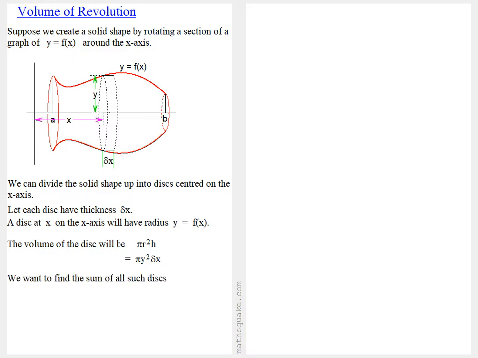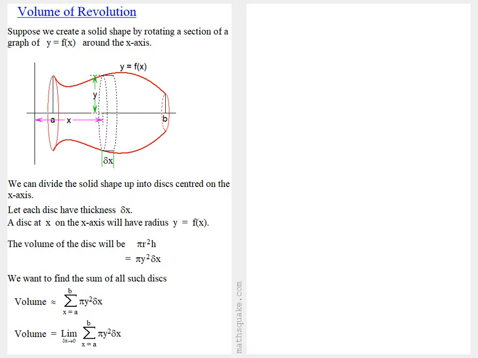Now we want to find the sum of all such discs, and the volume will be approximately equal to that sum. So the volume will be approximately equal to the sum of x going from a to b of pi y squared delta x. Now, the thinner we take delta x, the more accurate the result, so the volume is equal to the limit as delta x tends to naught of the sum x going from a to b of pi y squared delta x.